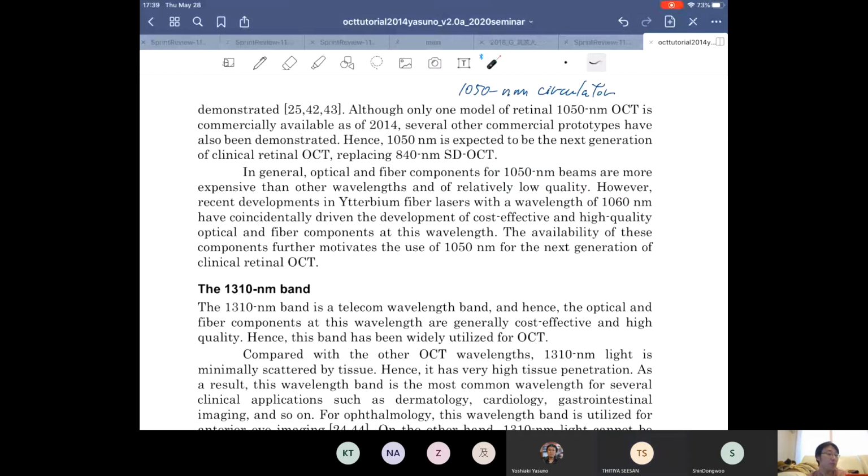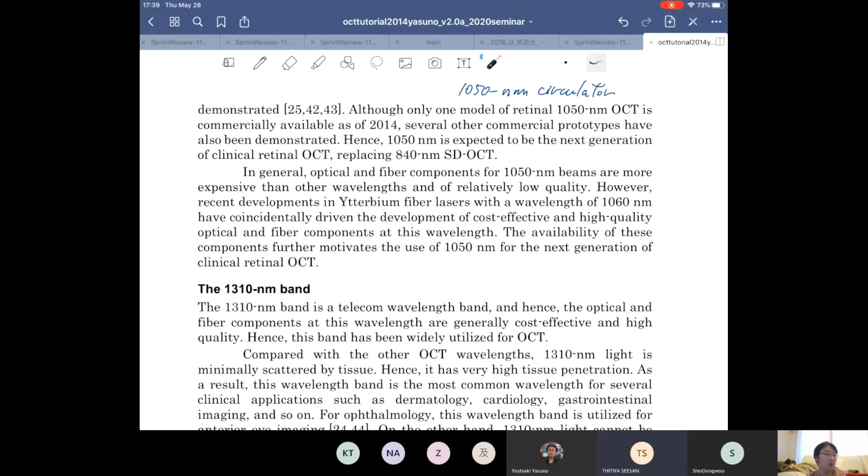And the number of units manufactured in telecom is significantly larger than that of OCT. In the case of telecom, a single lot of production contains something like 100,000 or 200,000.